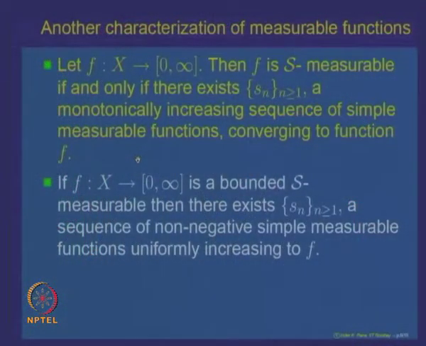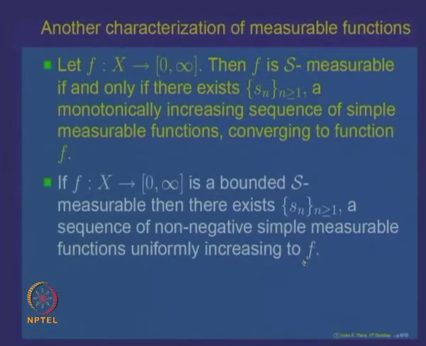So, this immediately gives us a corollary for functions which are not non-negative, but before that, let me just observe that in the proof, if the function f is bounded, then the sequence S n can be chosen to be uniformly increasing to f. Not only does it converge pointwise to f, you can actually claim that it converges to f uniformly.